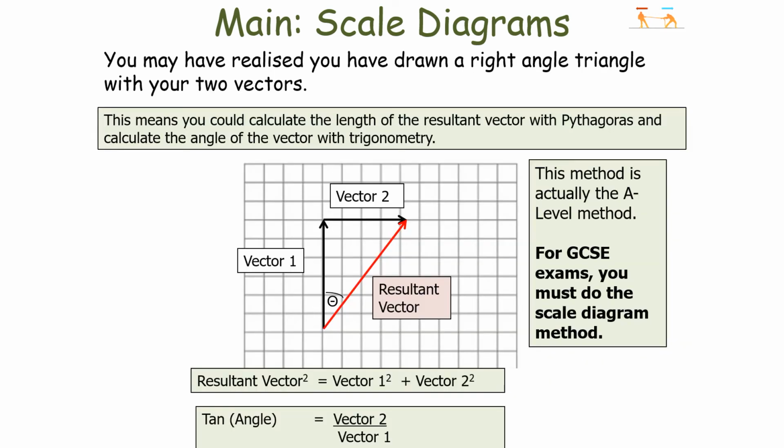Now you might have realized that in the previous example, we have drawn a right angled triangle with our vectors. This means we could actually calculate the length of the resultant vector with the Pythagoras theorem and calculate the angle of the vector with trigonometry.